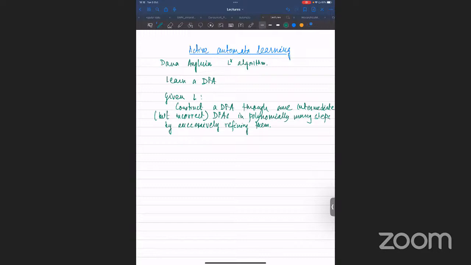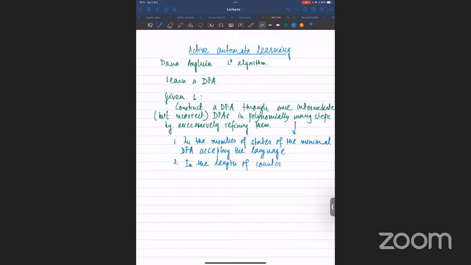Polynomially many steps, what does it mean? Okay, very good. So polynomially many steps, I'll say that it is polynomial in the number of states of the minimal DFA accepting the language, and also polynomial in the length of a counter example.